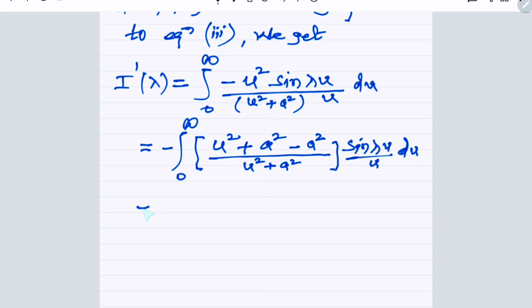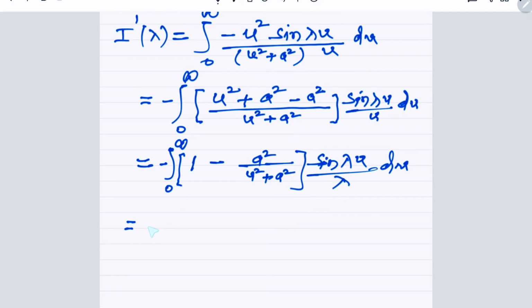Dividing separately by u square plus a square, we get minus integration from 0 to infinity 1 minus a square upon u square plus a square in sin lambda u upon u, and then its integration with respect to u.